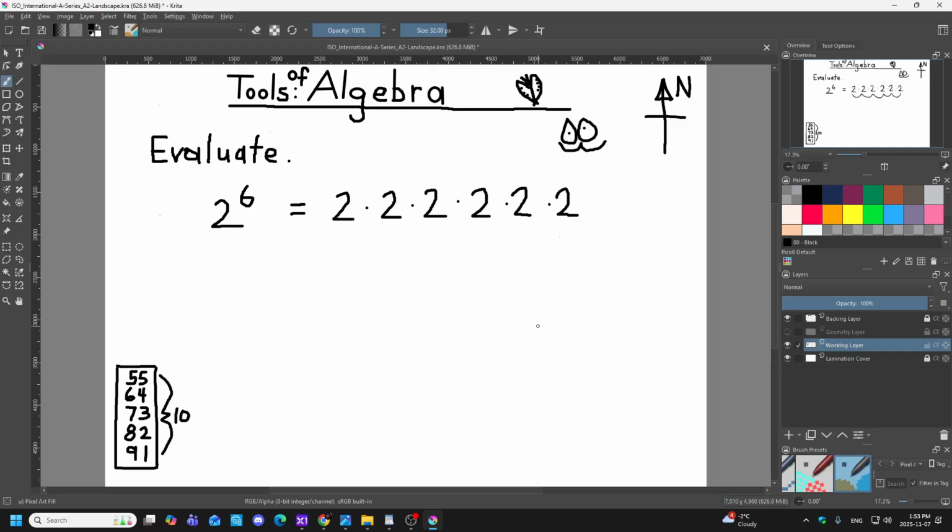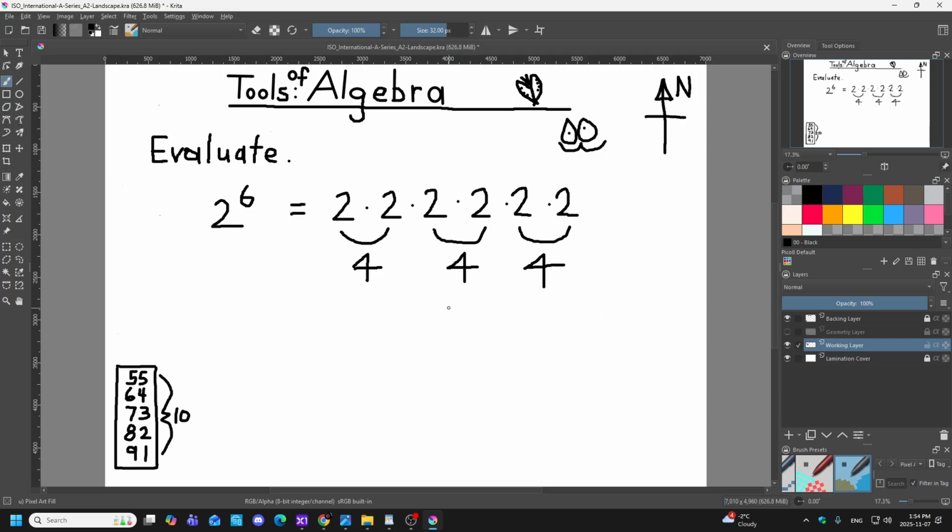There's a couple of ways to do this. You can put each number into pairs. However you do this is up to you. 2 times 2 is 4. Again, 2 times 2 is 4. 2 times 2 is 4. Multiplication, in all honesty, it doesn't really matter how you do it.